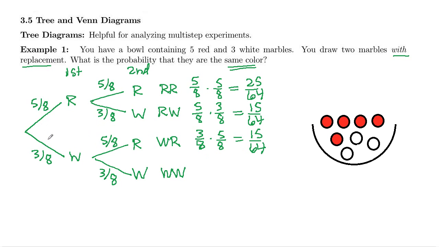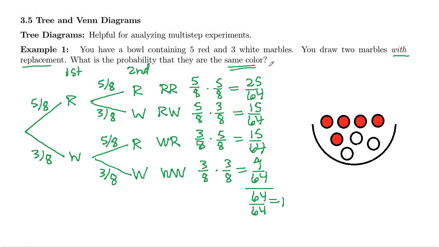And then 2 whites, 3/8 times 3/8, which is 9 out of 64. And if you add these up here, so 25 and 15 is 40, 55, 64, you get 64 out of 64, which is 1. And that's a double check that you've done everything correctly.